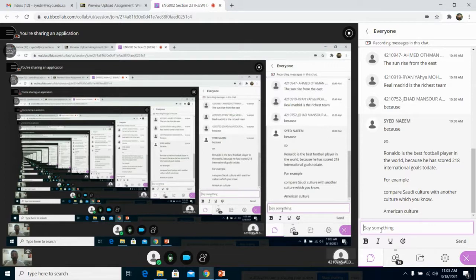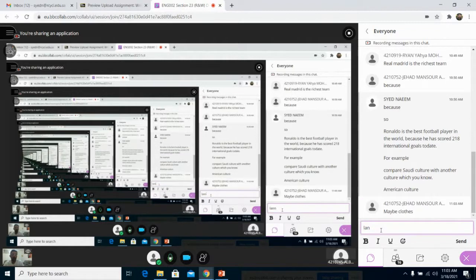3 areas of a culture. What do we mean by culture and what does it consist of? So think about 3 areas of culture. I'm writing everything in the chat box. You can see that. So what are 3 areas? You can talk about the language, maybe clothes.